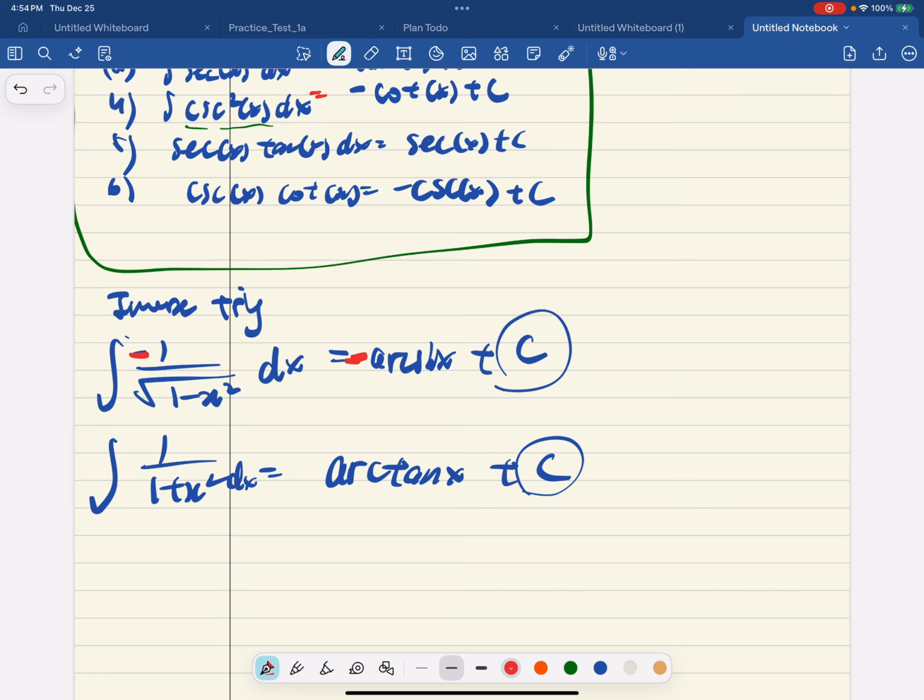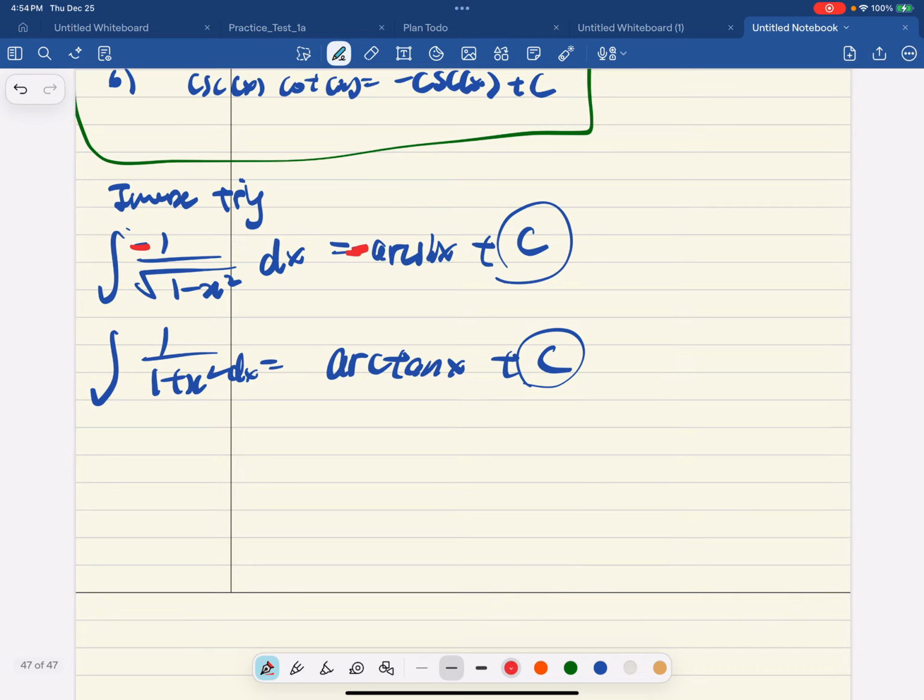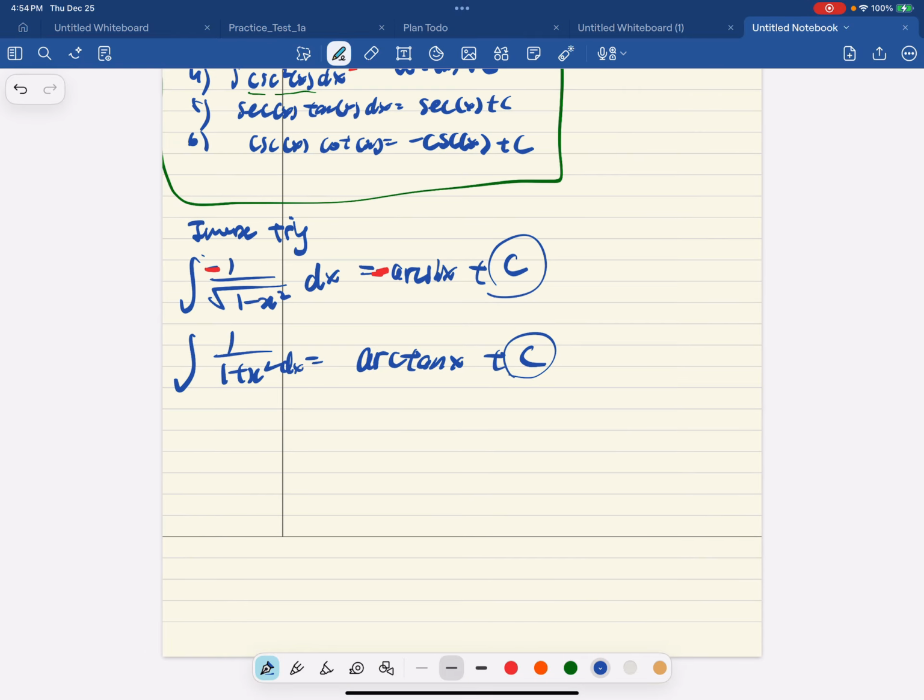I think it's not wrong to write arc cos. So instead, if it was a positive, you have to go like negative arc cos or positive arc cos instead of positive or negative arc sine. They kind of give the same thing because as long as you're consistent with the signs, they're both acceptable. But in our case, we just answered arc sine. And what's tricky here is that sometimes they will mix it up and make it look weird, like 4 minus 4x squared. They will tell you to integrate this, and it doesn't look familiar unless you know to factor. If you factor this, it will be a 2. You can take the 2 out, and it will be a 1 minus x squared.